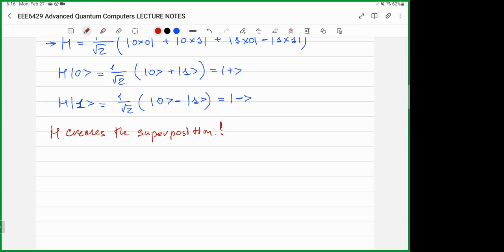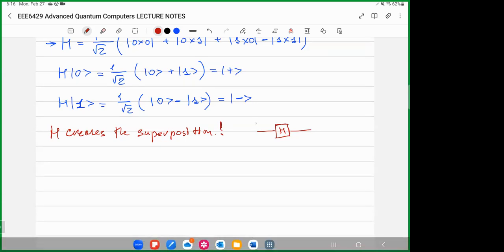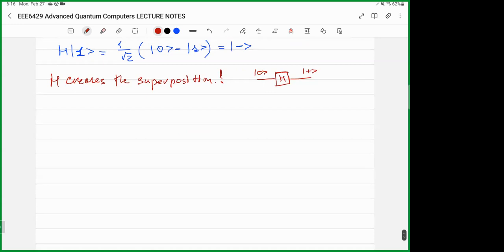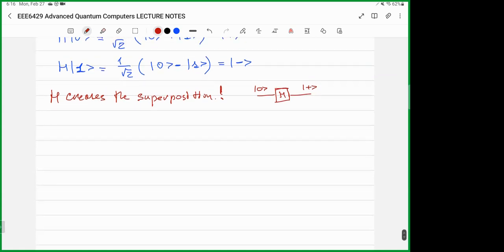So in quantum circuits, the Hadamard gate is represented by this element with H, and we can also denote that it creates the superposition state, right? And vice versa, since the Hadamard gate is unitary, right? You were supposed to check that in your homework.